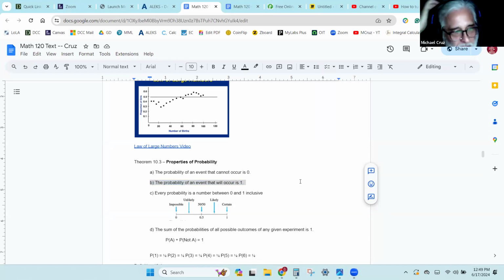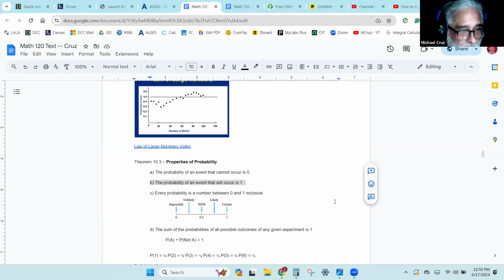So the way that it looks, kind of like on a scale, a number line, there's no probability lower than 0 because that's as low as it can get. That means that it cannot happen or will not happen. It cannot be higher than 1 because 1 is the sure thing probability. That means that it will happen.